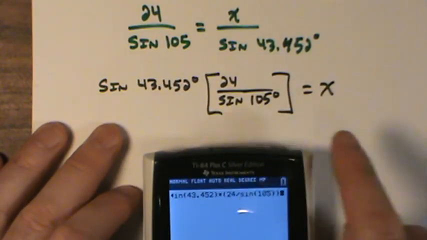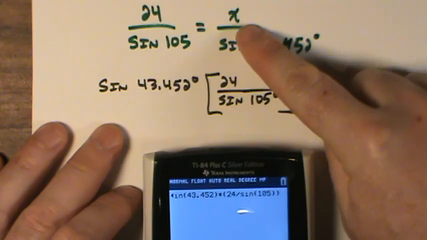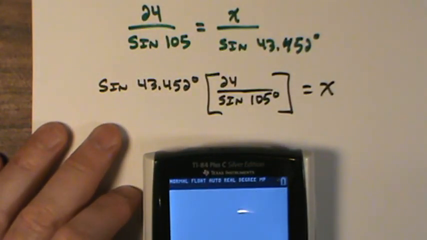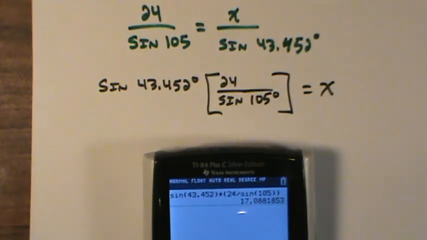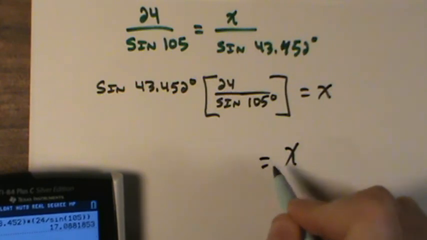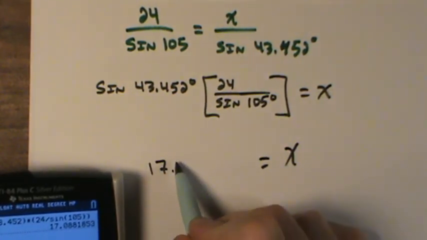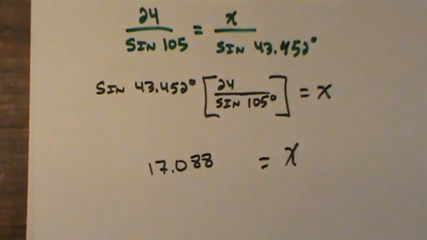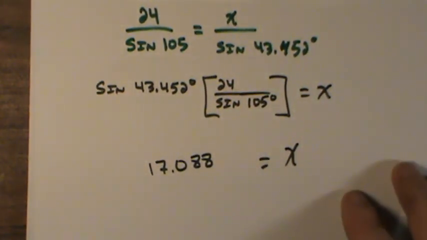I put them the way I want them. Sometimes I have the side on the top. I'm just consistent with that. Sometimes I have the angles on top. And I hit enter. I get 17.088. X is equal to 17.088 units. And that's how you use the law of sines.